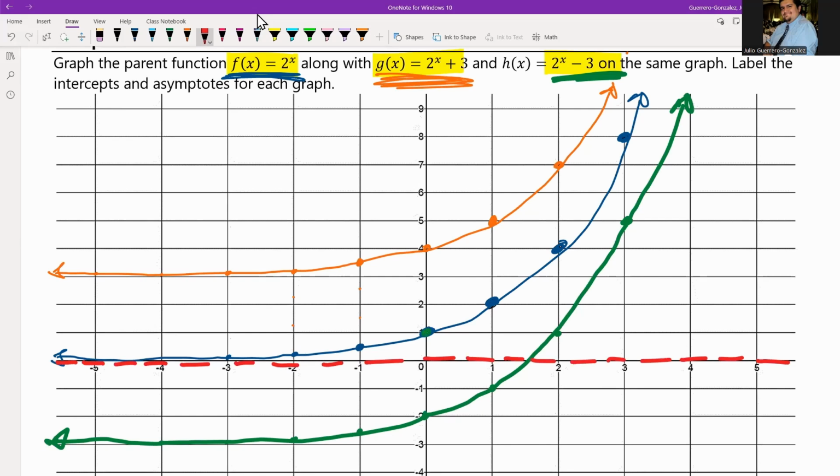Turns out when you move it up or down, that asymptote follows along. So this one has an asymptote here, and then the green one has an asymptote here as well. The first one is +3, and the last one that we did, the green one, that asymptote drops 3. We are done.